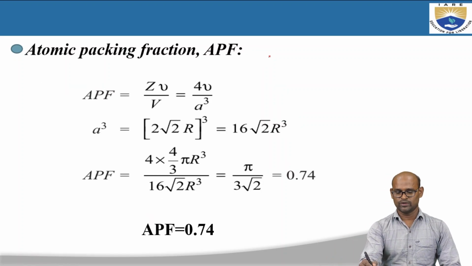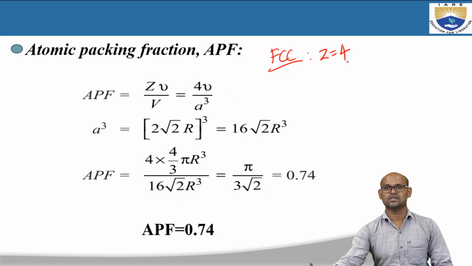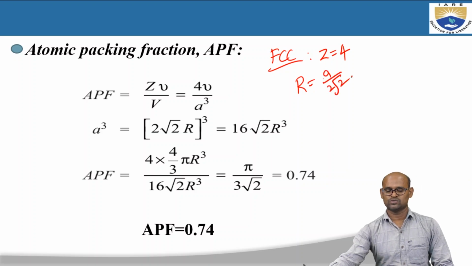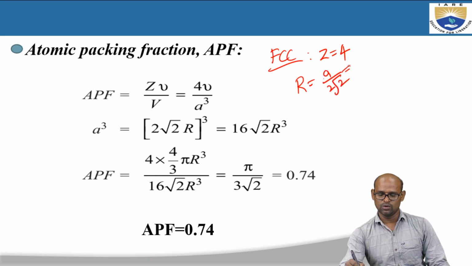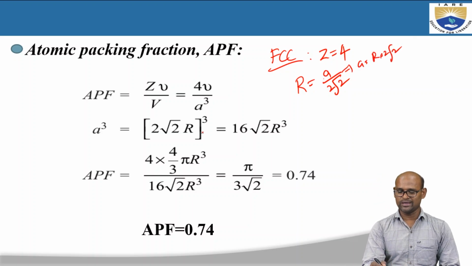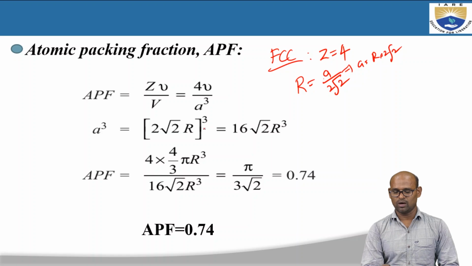Then the face centered cubic unit cell. For the FCC unit cell, Z is 4, so the number of atoms per unit cell is 4. The relation between the radius and the lattice constant is R equal to a by 2 root 2, or a is equal to R into 2 root 2. We need a cube, so a is 2 root 2 into R whole cube.